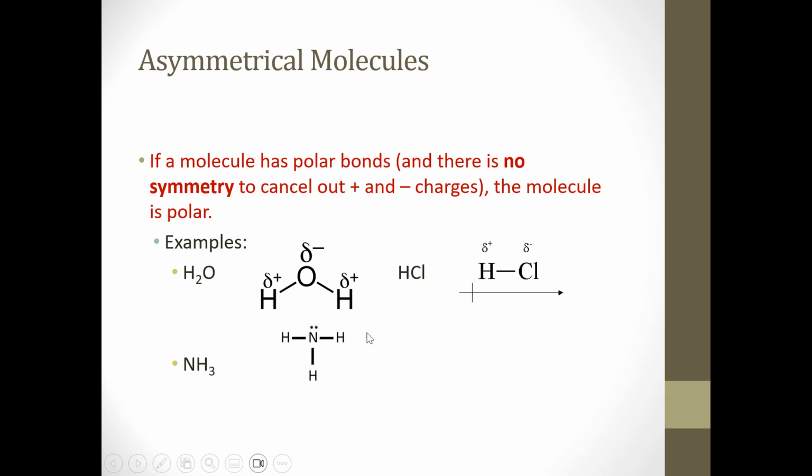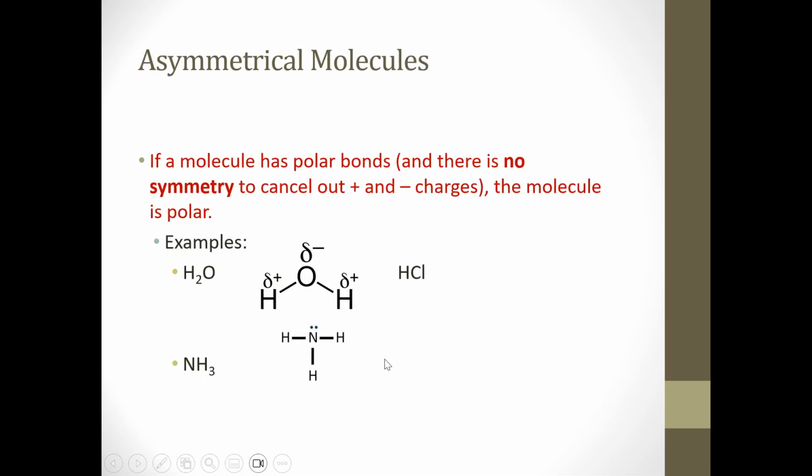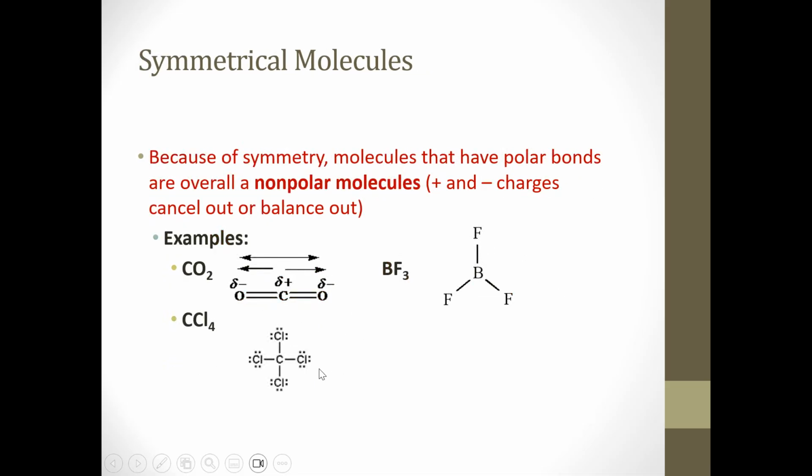It is asymmetrical. Carbon tetrafluoride is just like carbon tetrachloride. It's tetrahedral. It has some very strong polar bonds, but they cancel each other out, so that molecule is going to be non-polar.